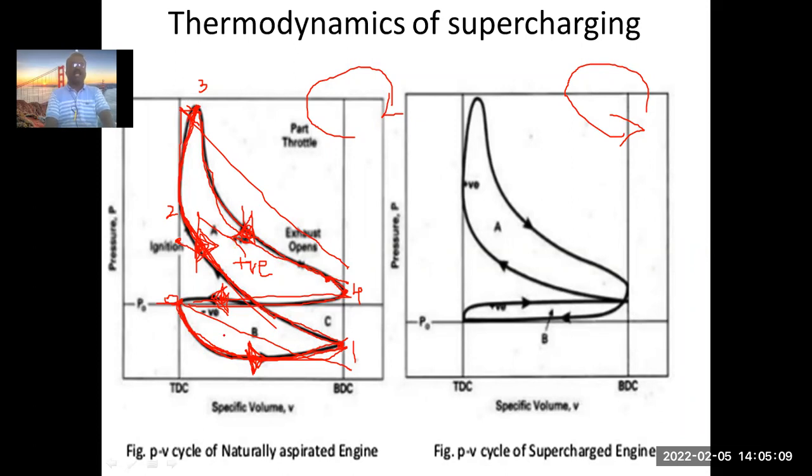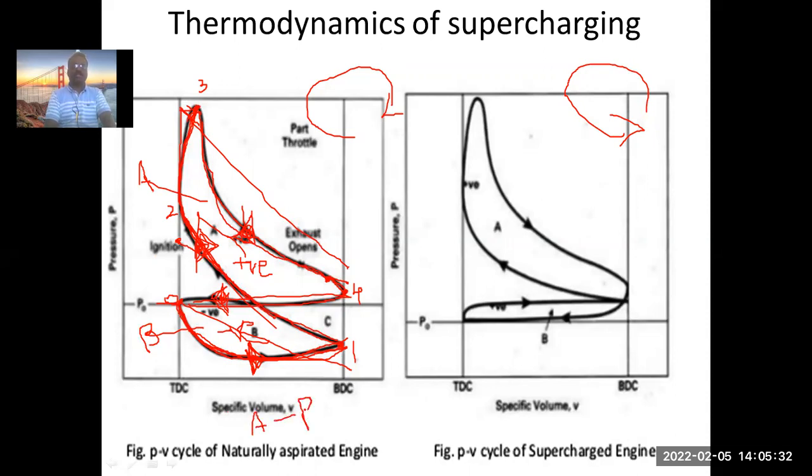And here the negative loop indicates the power taken by the system, consumed by the system. So your net power will be, if this area we represent by A and this area we represent by B, then your net power will be A minus B.